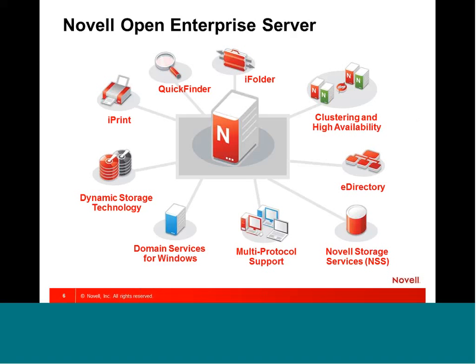You now get Domain Services for Windows, letting your OES server look like an Active Directory domain. You get all the multi-protocol support, and then the added Kanaka client that we'll talk a little bit more about. And with NSS, you get some of the new storage management capabilities that we've also added with OES 11. So, all the good things that you've had, plus much more.